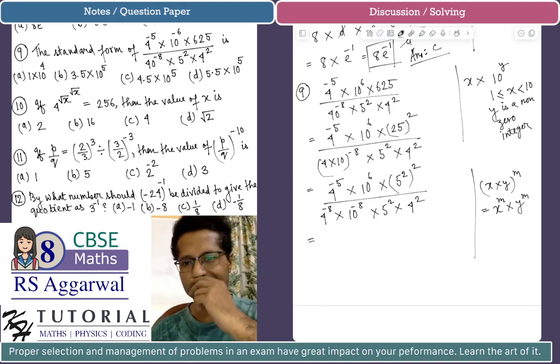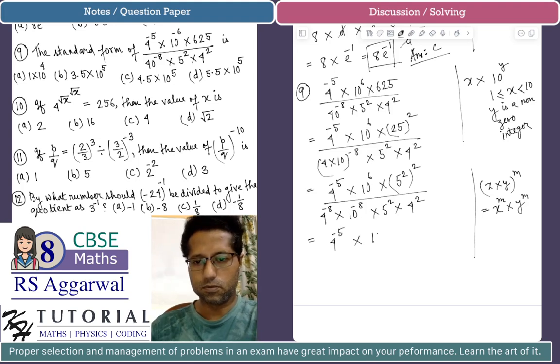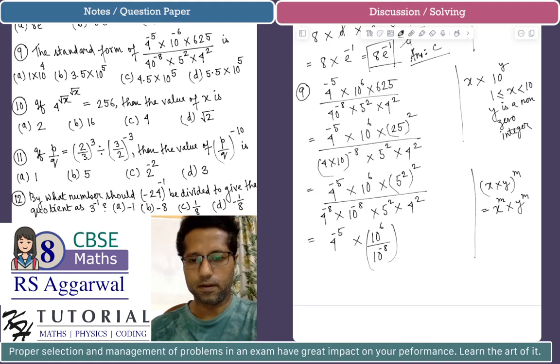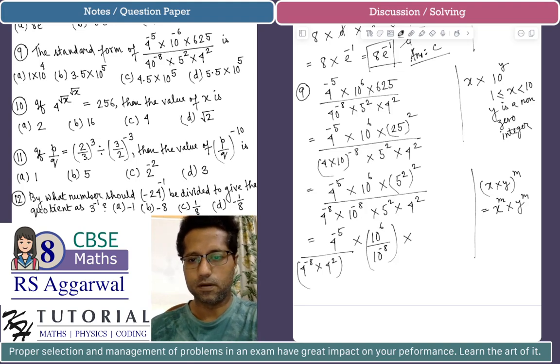So if I merge, this is 4 to the power minus 5 multiplied by, I can group the powers of 10 like this, 10 to the power minus 8, and I have 4 to the power minus 8 multiplied by 4 square, and I have (5 square) whole raised to the power 2, which is 5 to the power 4, divided by 5 square.